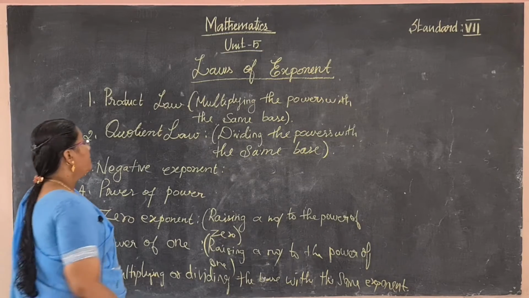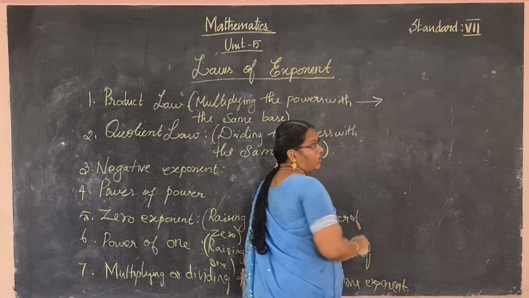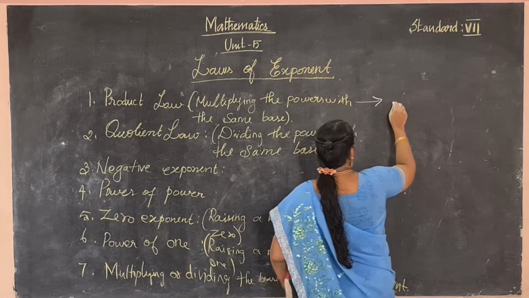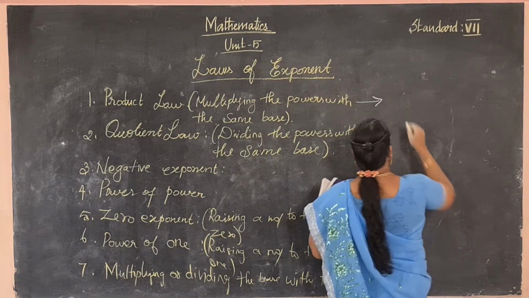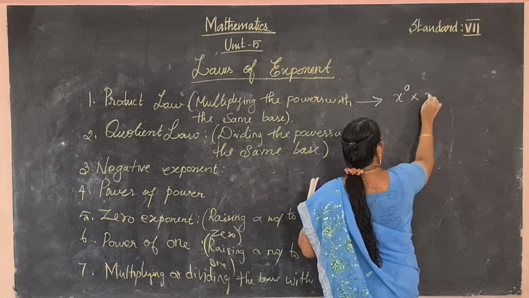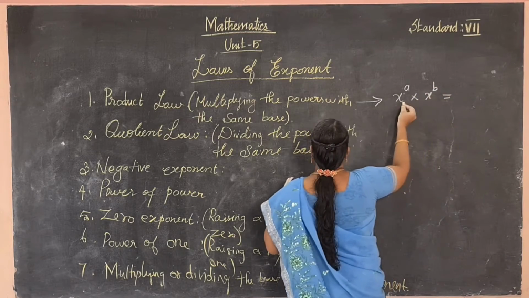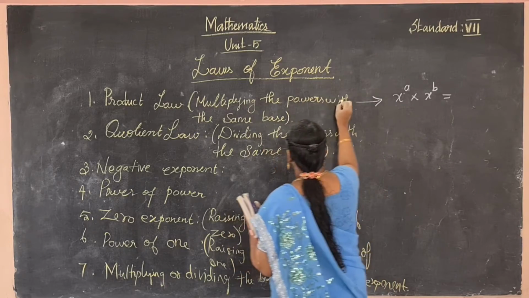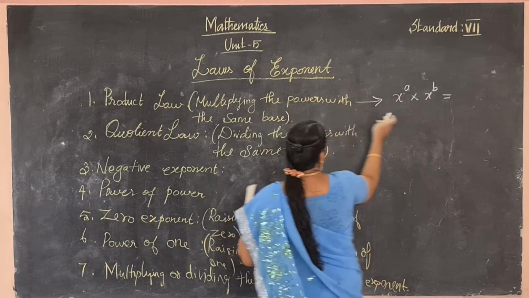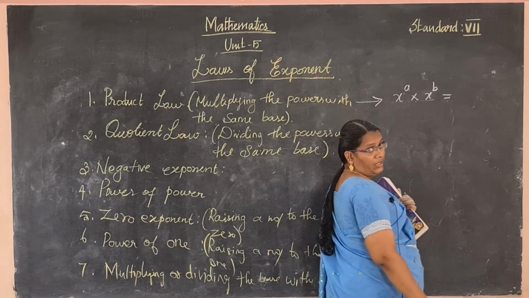See the first one, product law. Its general form is x power a times x power b is equal to, the bases are the same, is it? Multiplying the powers with the same base. So the bases are the same, the product is given.